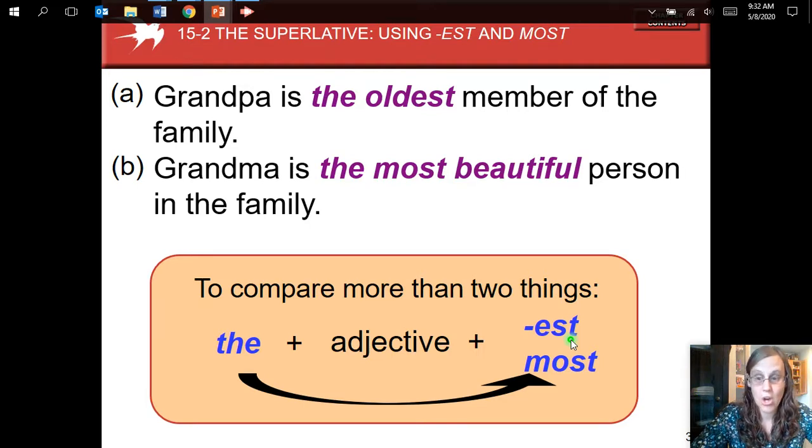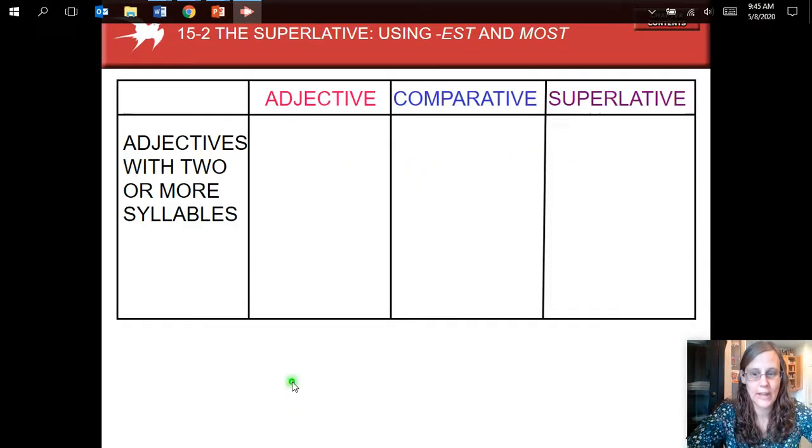For the longer adjectives, we use most, and it goes in front of the adjective. So the most beautiful. Let's look at these forms side by side with a few examples.